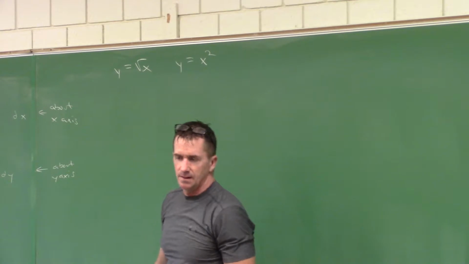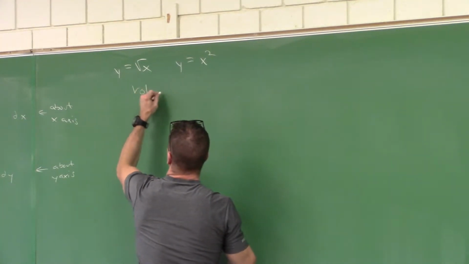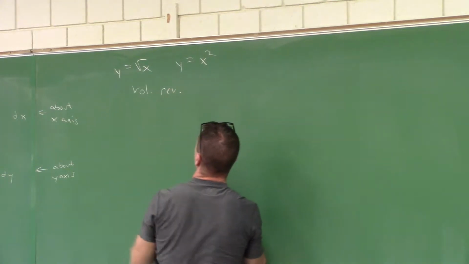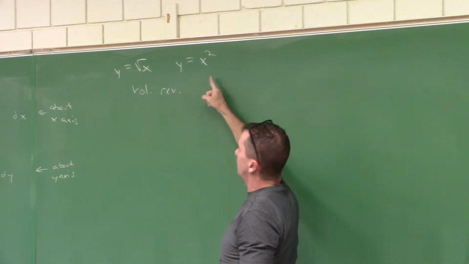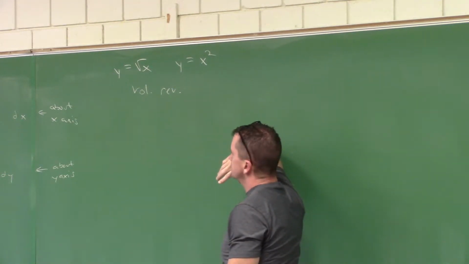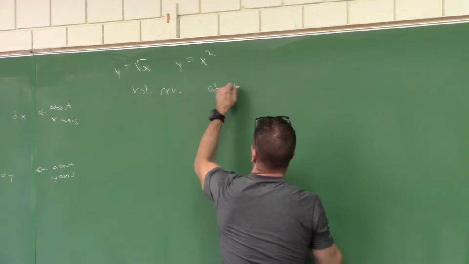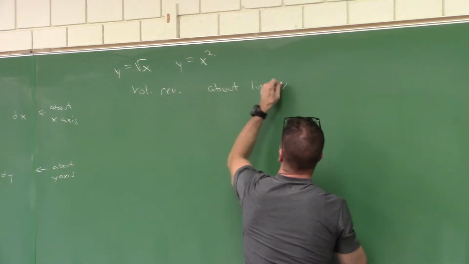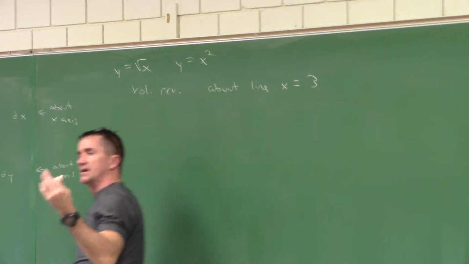And let's find the volume of revolving the region bounded by these two functions about the line x equals 3. We won't solve it, but we'll set it up.